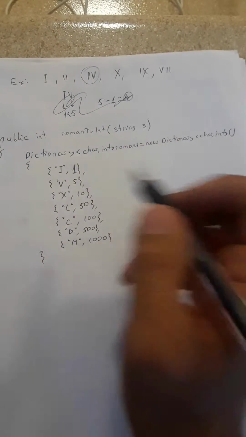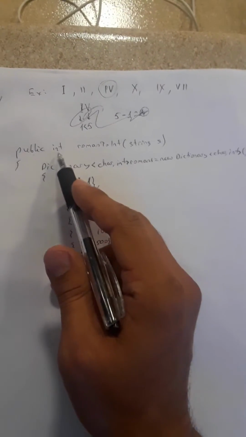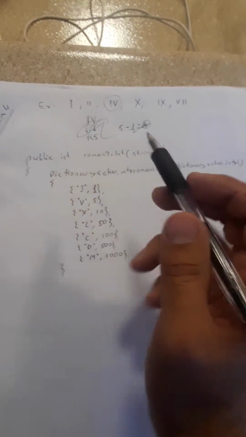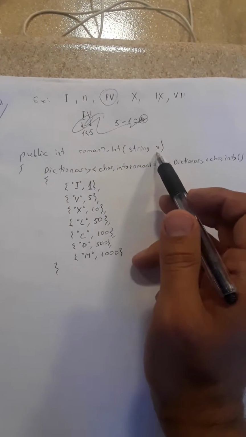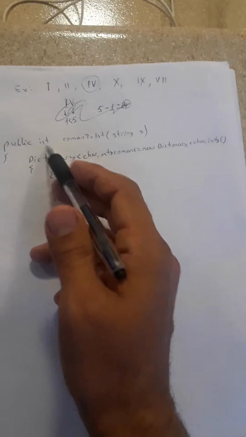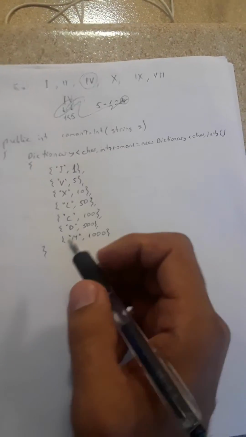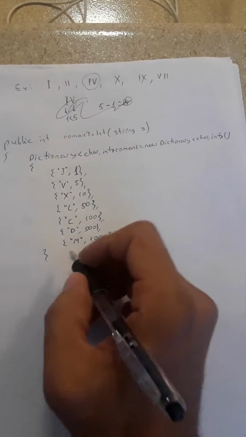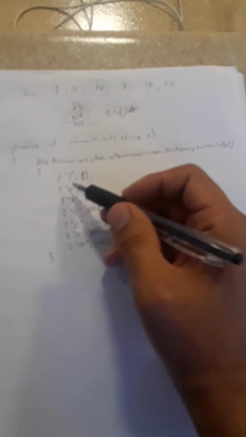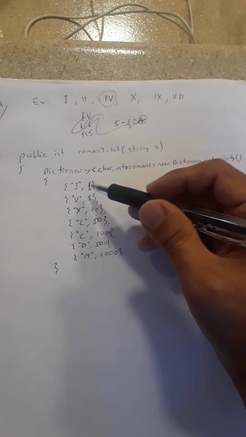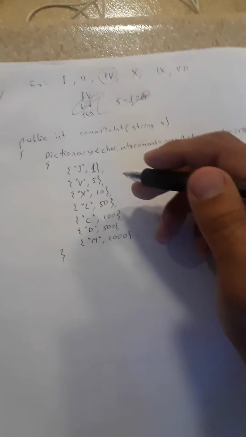So at the beginning of the code, I call this Roman to integer. The input parameter is a string, and we're returning the integer. So here's the dictionary of just common Roman symbols. We use the symbol as a key, and there are integers as values.